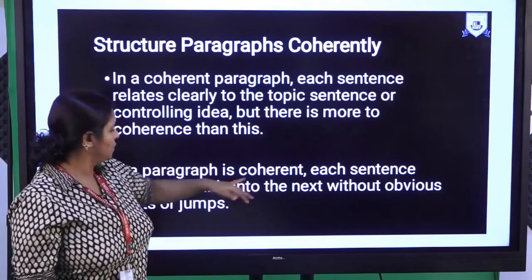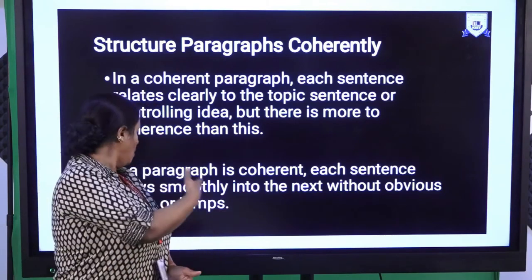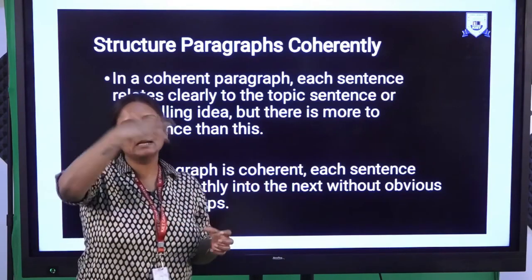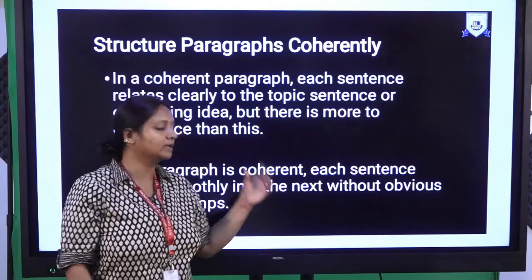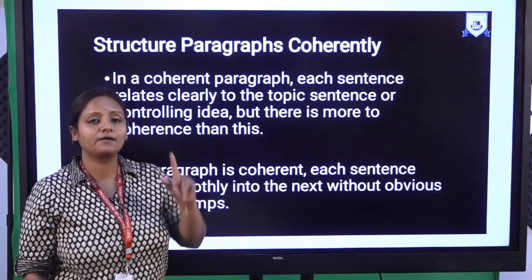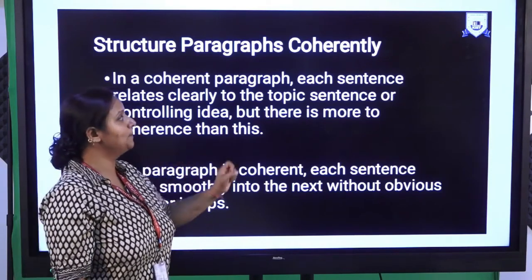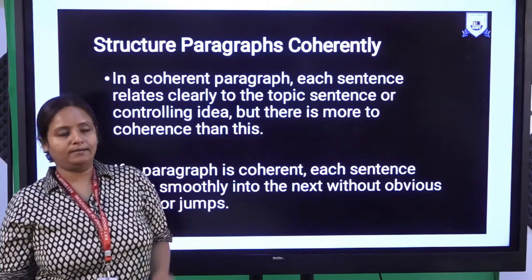If a paragraph is coherent, each sentence follows smoothly into the next without obvious shifts or jumps. If you are speaking something and all of a sudden you start speaking about a different topic, your paragraph will not be coherent. So you should make sure that all the sentences in a particular paragraph speak about that important idea. And for this, the important tip is to deal with one important idea in one paragraph.